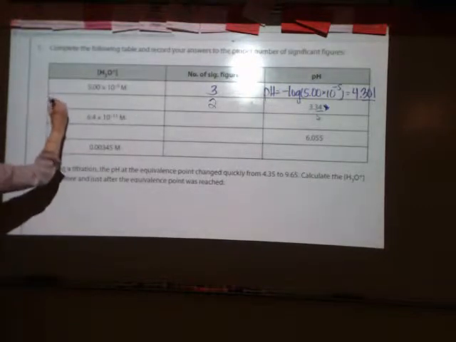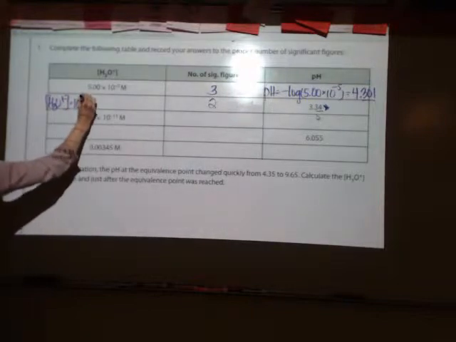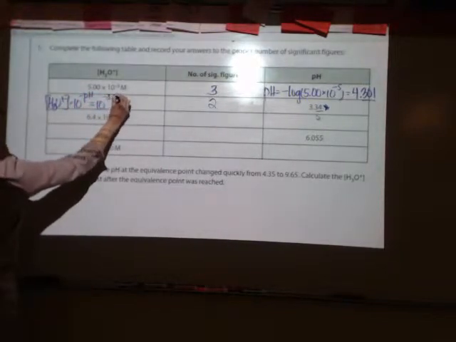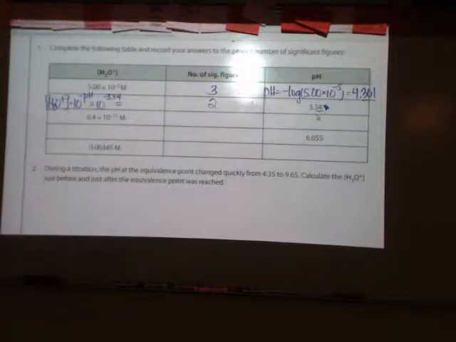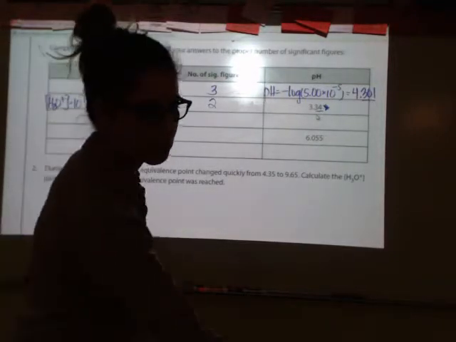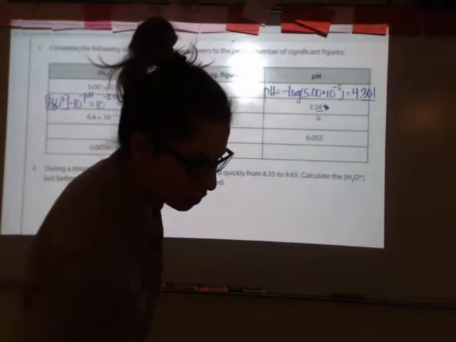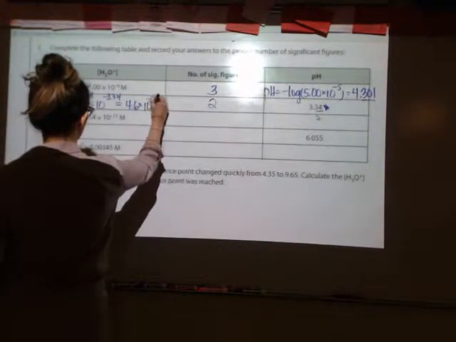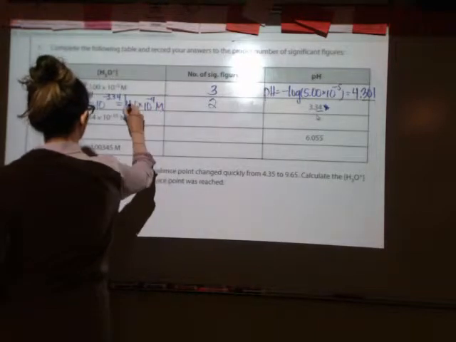So my hydronium ion concentration will be 10 to the negative pH, so 10 to the negative 3.34. And this is 4.6 times 10 to the negative 4th molarity. Can we all do that? Great. Let's skip 2 and 3.